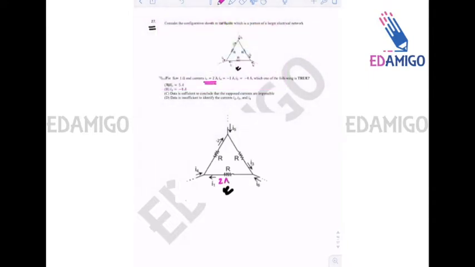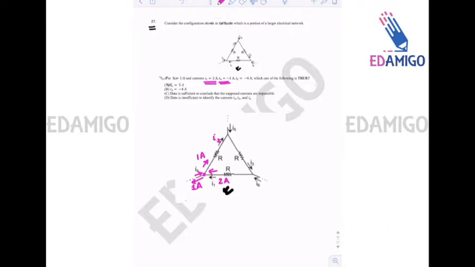I4 is equal to -1, so 2 amperes is coming in, and since I4 is -1, 1 ampere is going out in this branch. By simple KCL, the current in this branch will be 1 ampere, and this is I2. So I2 is 1 ampere.